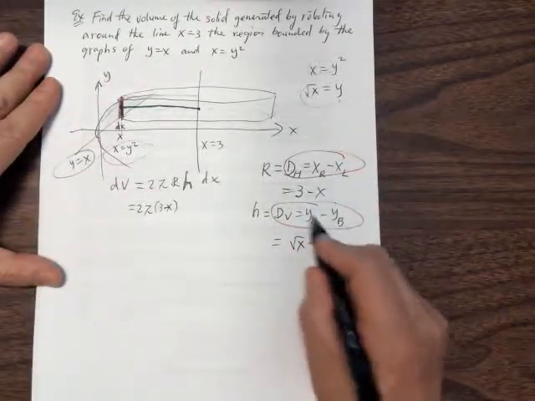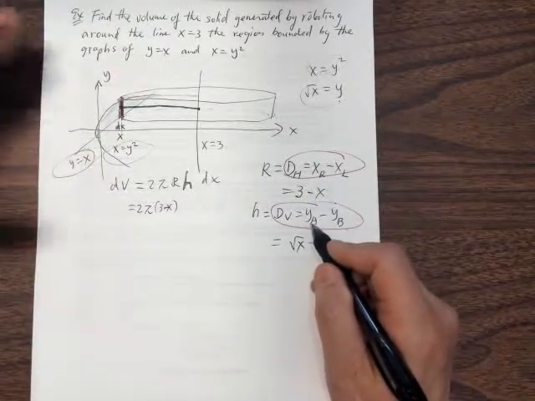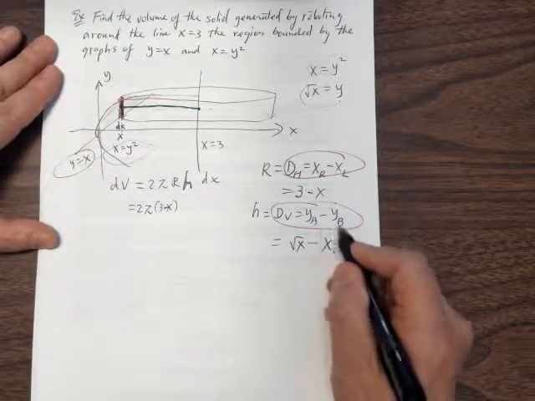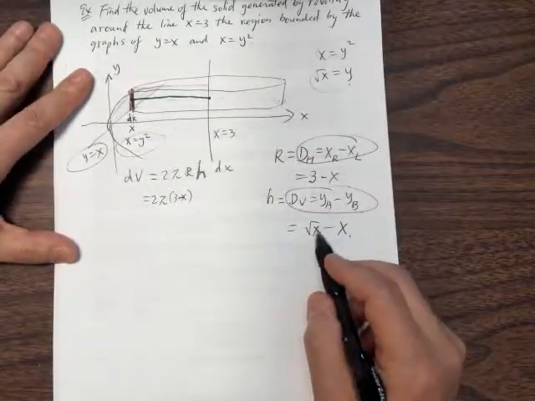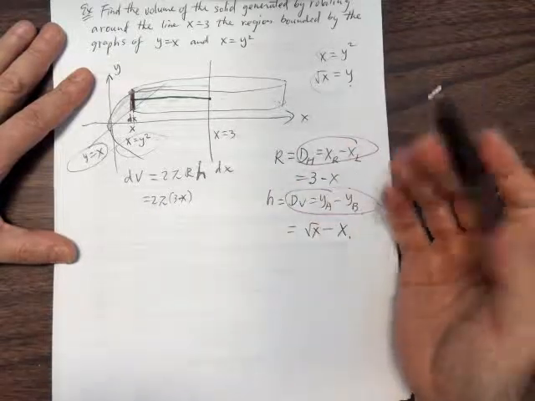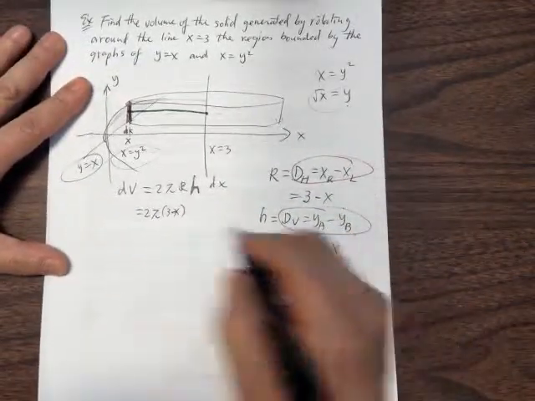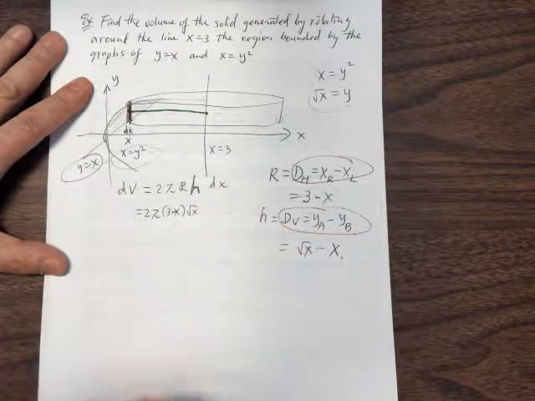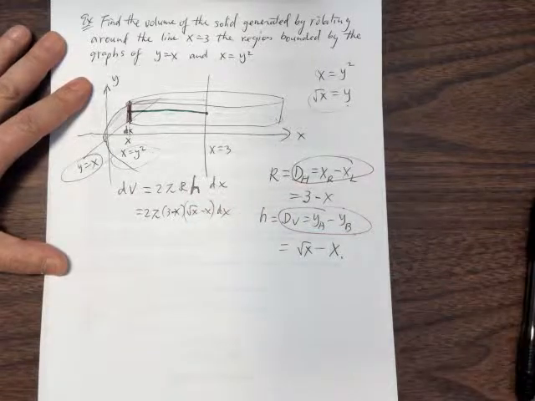With this simple little formula, we are really basically seeing the clues. So find the correct equations, put the equations in the right forms, plug in. Now plug in square root x minus x dx.